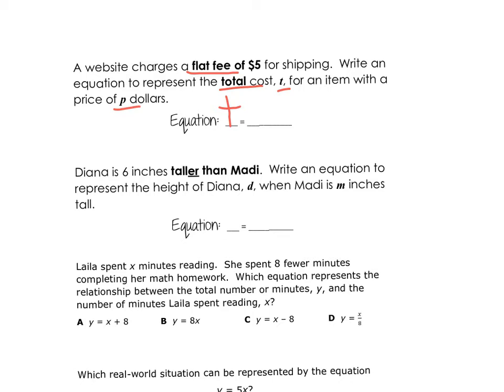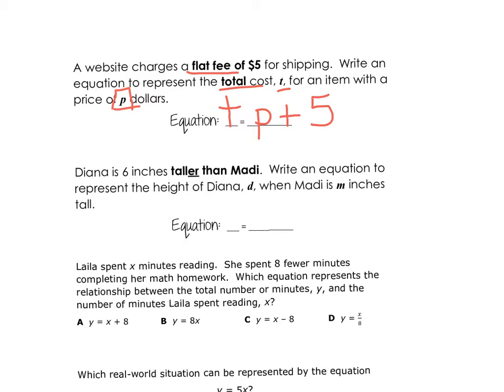And then we're going to take our price and add that flat fee of $5 shipping. So whatever our price is for our item, plus $5 for shipping is going to give us our total, okay? So it should be T equals P plus 5.